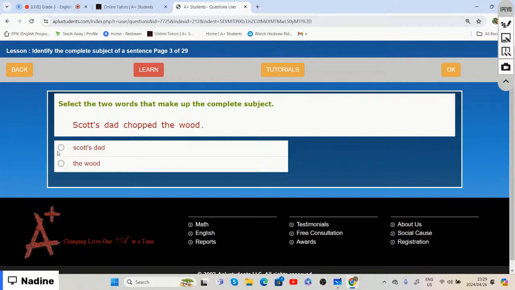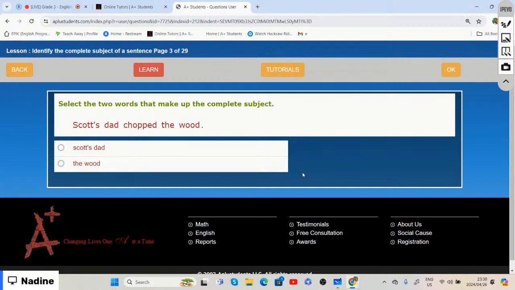We need to select two words that make up the complete subject. Two words. Scott's dad chopped the wood. Is it Scott's dad or is it the wood?